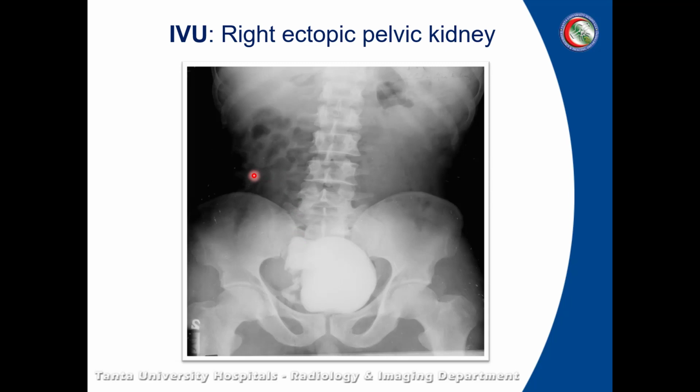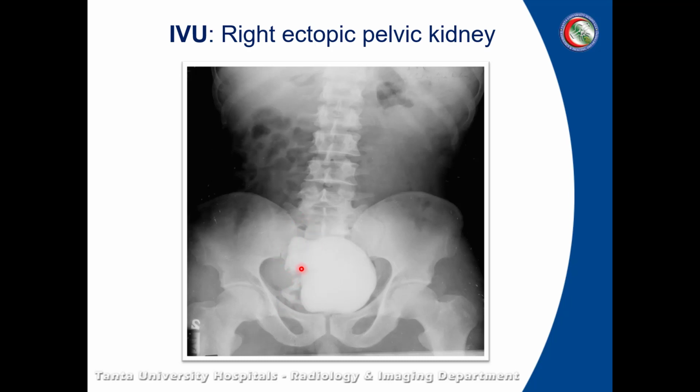So in the imaging, this is a case of ectopic kidney. This is an IVU. We know it's IVU, not PUT or KUB, because we can see here contrast medium or brightness of the contrast, so it is a contrast study. This is the urinary bladder, and this is the kidney with its redundant ureter.